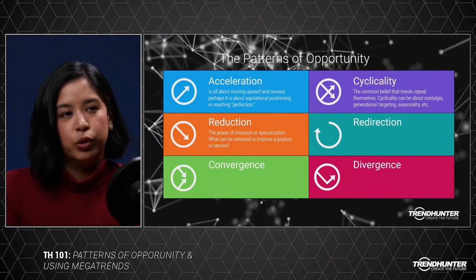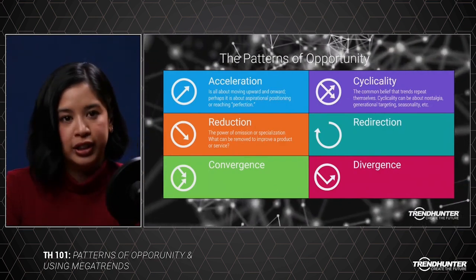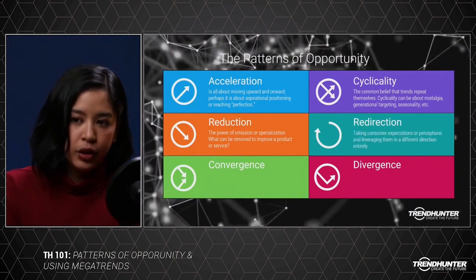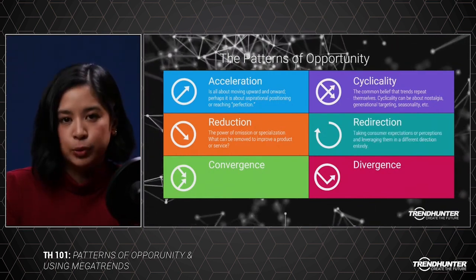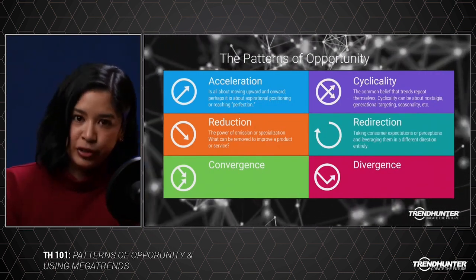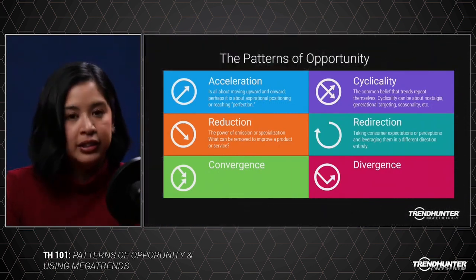So it's about removing something from your product, your service, your brand, your project, in order to make it easier to understand and socialize. Redirection is about taking consumer expectations and leveraging them in a different direction entirely. So kind of going against the grain of what's expected of you to surprise and delight.